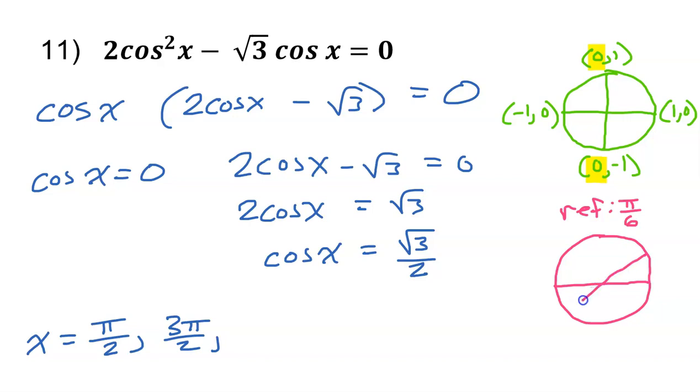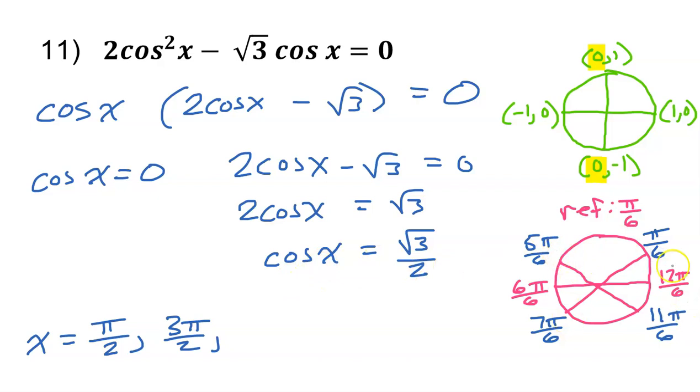Well, there are 4 angles that have a reference angle of pi over 6. There's one in each quadrant. I can think of pi as 6 pi over 6. I'm using the reference angle. I can think of 2 pi as 12 pi over 6. That makes this 5 pi over 6, and this is 7 pi over 6, and this is 11 pi over 6. Of course, this is simply pi over 6.